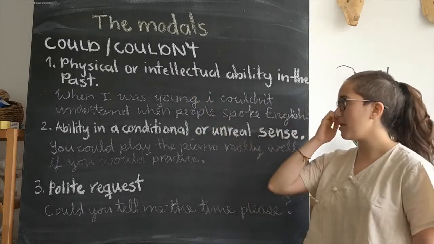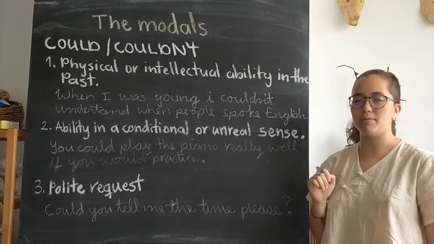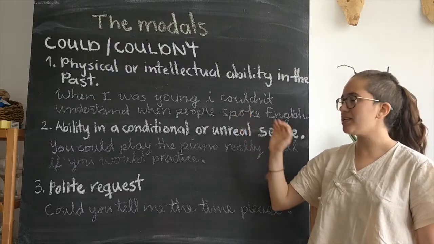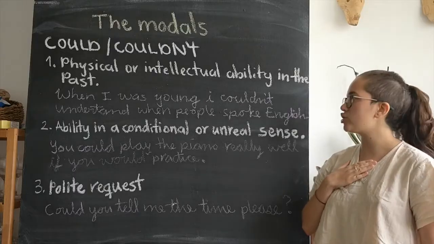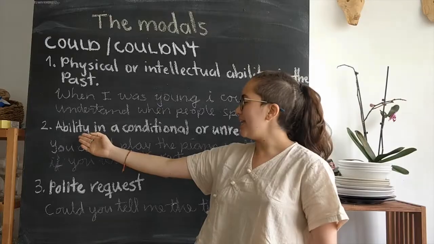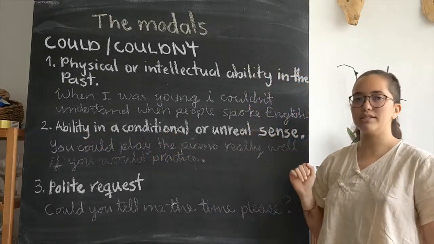We would say, when I was young, I couldn't understand when people spoke English. So here we are saying that in the past, I could not understand English. It shows intellectual ability.